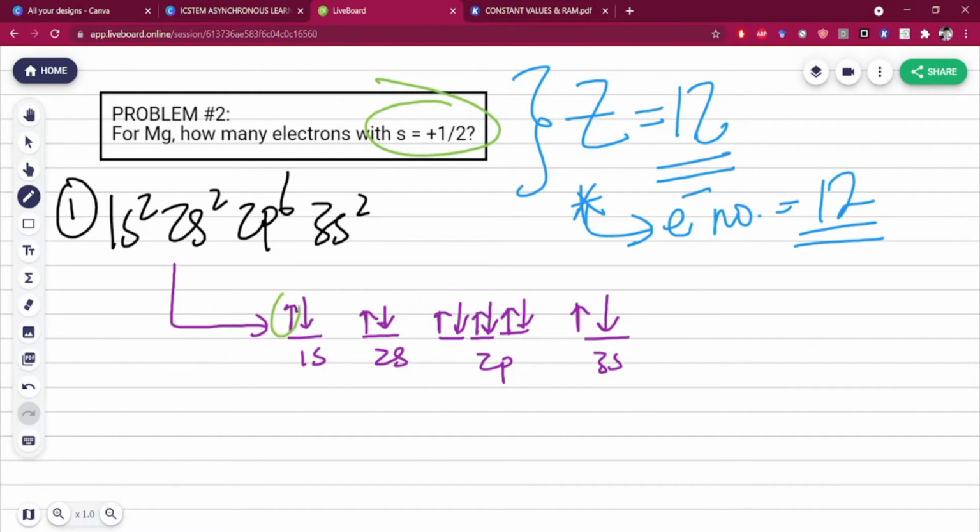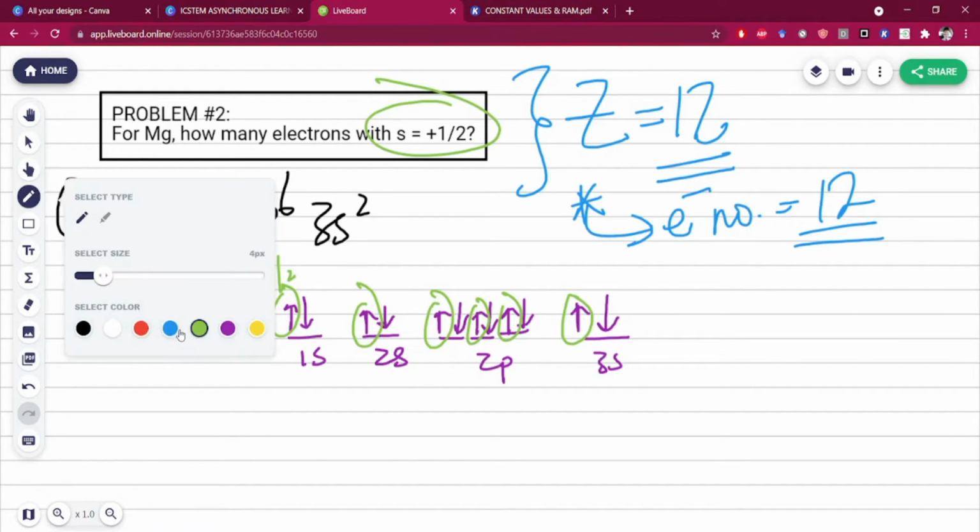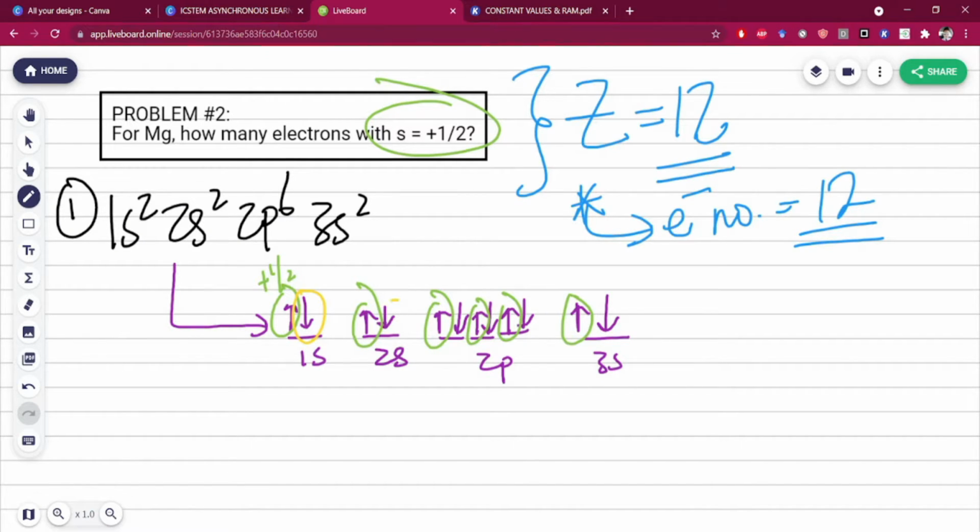So those I've circled in green, you can say are the positive half spin, and those in yellow, we can say are negative half.